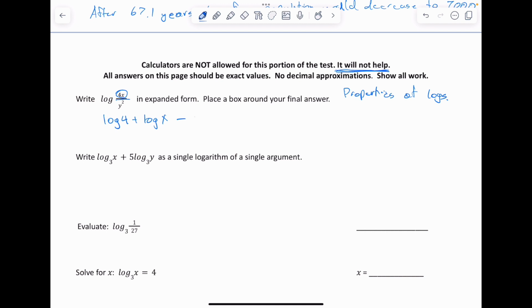Log y squared. Am I done yet? No, I'm not, because this part can still be expanded. So expanding that, I have log 4 plus log x minus, when you have it to the power, you can just bring it on the outside, 2 log y. That is your complete answer.